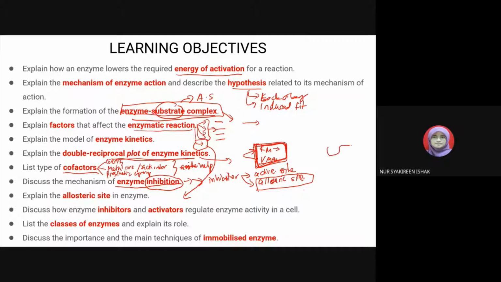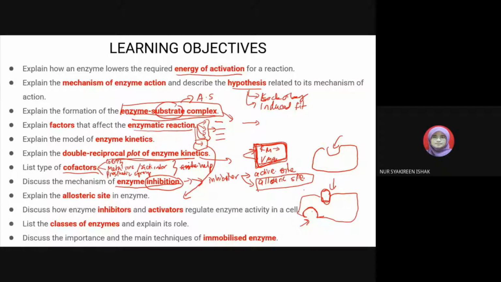So for example, here you have an enzyme. So usually, okay, you know the active site, or sorry, all enzymes have an active site. So there is actually an enzyme with another site we call the allosteric site. Okay, so substrate will bind to the active site. Okay, so you have another molecule that binds to this allosteric site that affects the enzyme reaction.